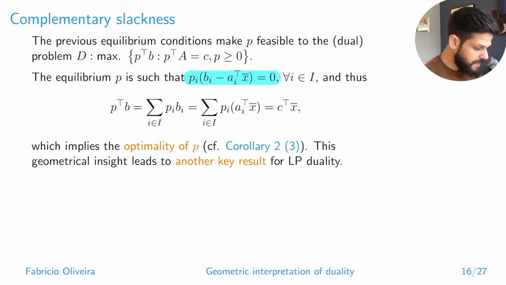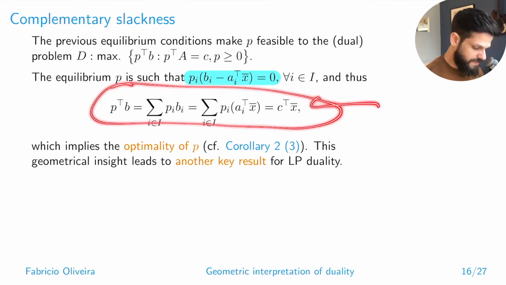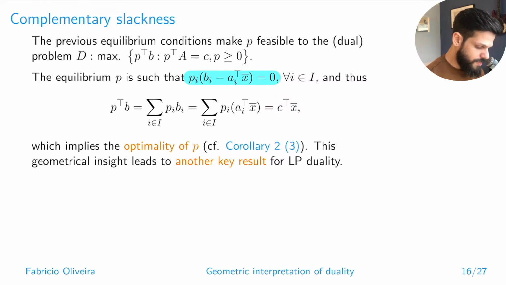With that idea in mind, if you look again at how we define P B, I find it easier to read from right to left. We start from our optimal solution X. We have just seen that we are writing the vector C as a combination of the vectors A with my vector P, and only those that are actually touching X would be different than 0, while the others would be 0.